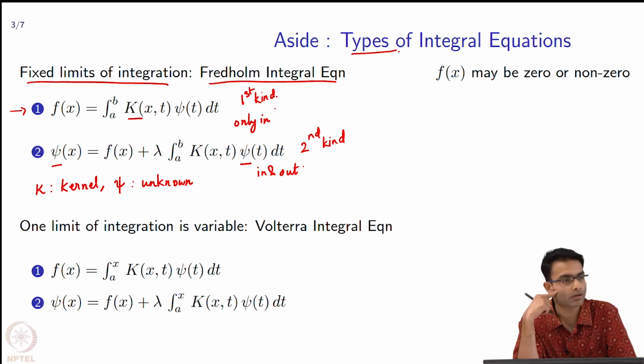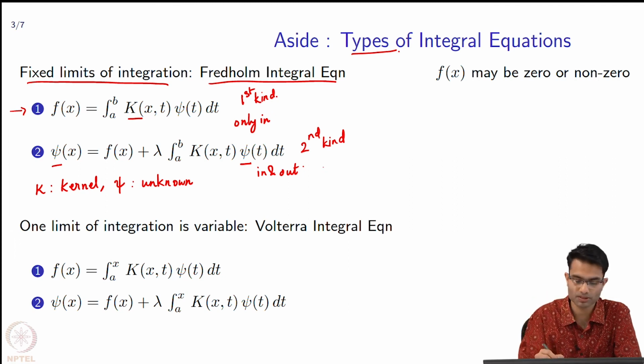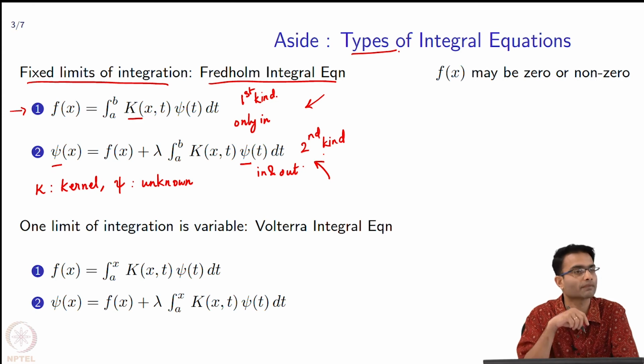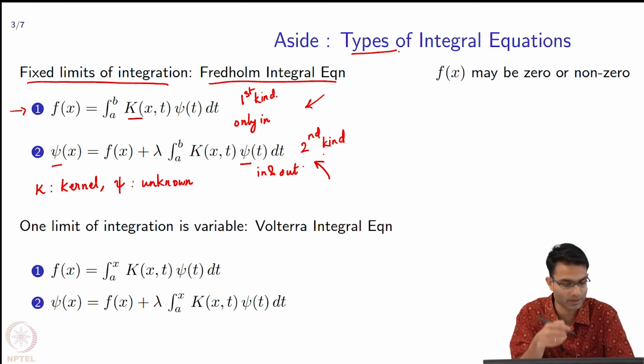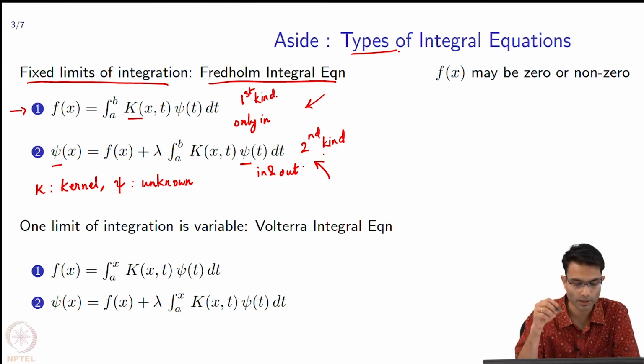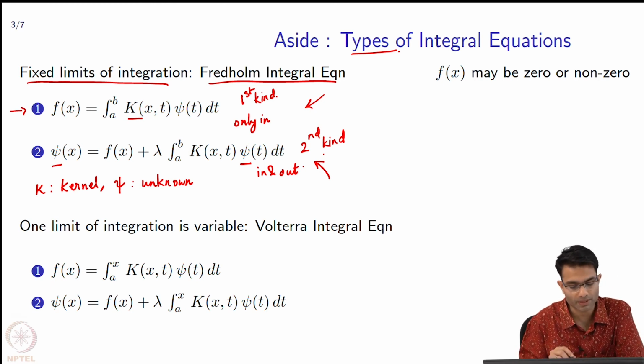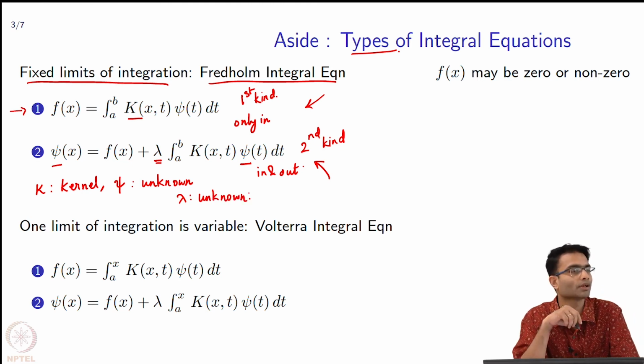Okay. Later on in the course, we will come across both. We have already seen the first one and we will later in the course come across the second one also. So, these will be used very soon. Further, you notice the second equation has one more parameter, which is this lambda. So, lambda is also unknown. You can think of this as the equivalent of an eigenvalue problem.